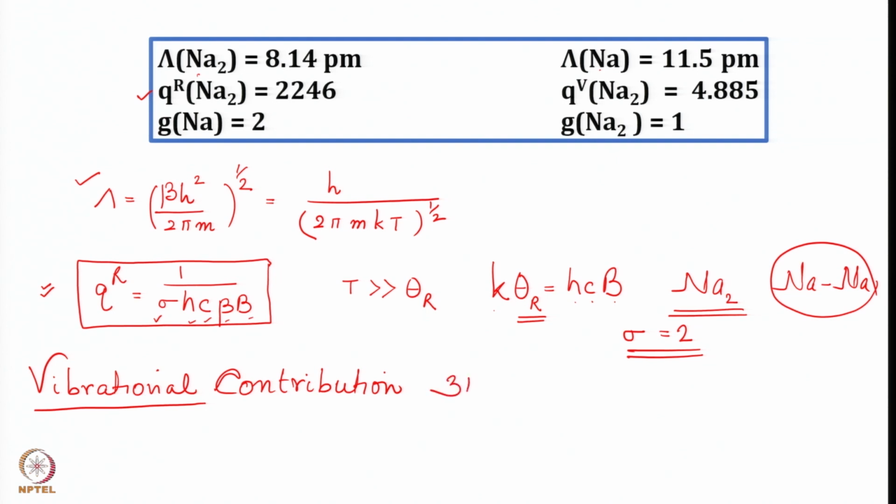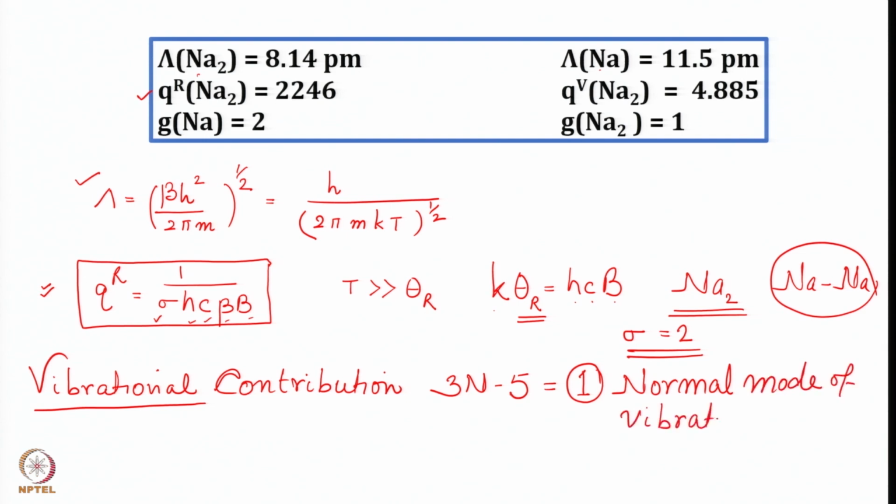So the number of normal modes of vibration is 3n minus 5, which is 6 minus 5, only 1. One normal mode of vibration.